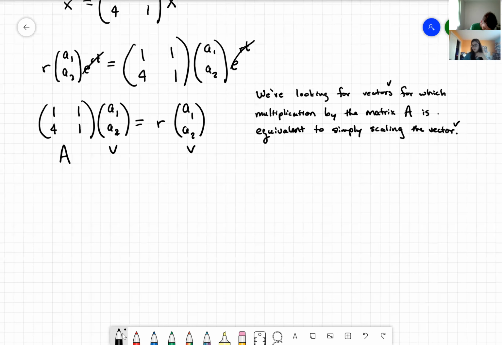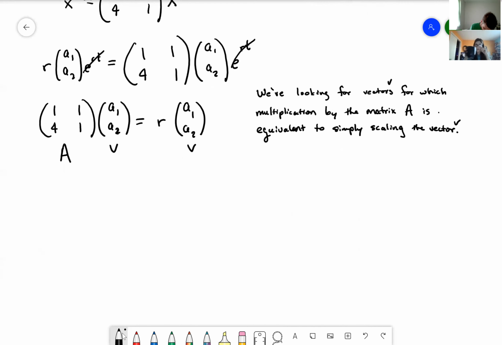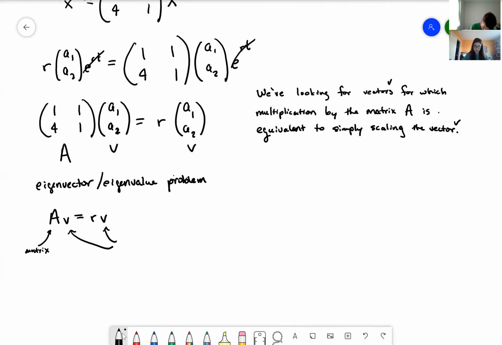And this is called the eigenvector eigenvalue problem. So we're looking for AV equals RV, where A is a matrix, V is a vector, and R is a scalar.